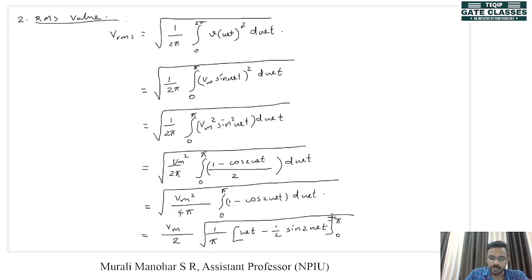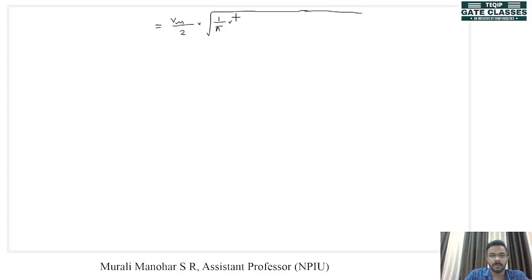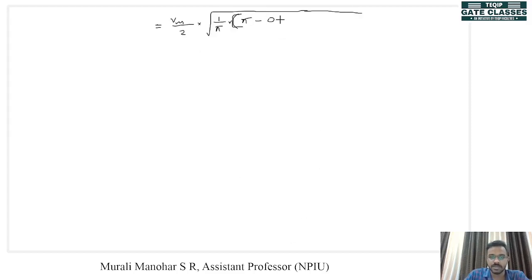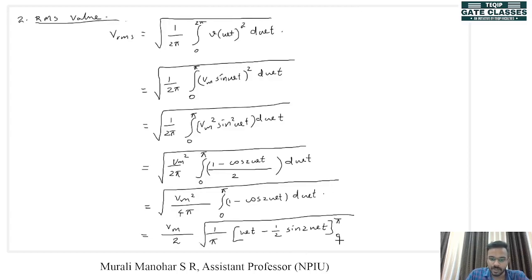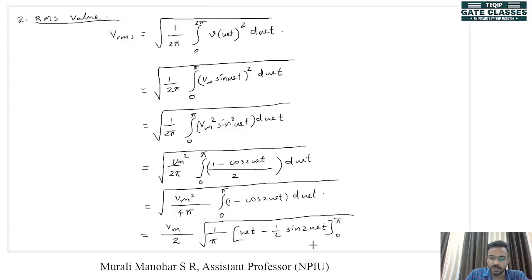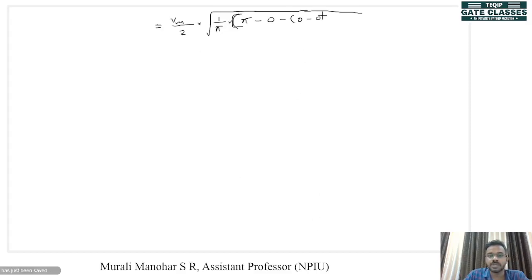When omega t equals pi, this omega t becomes pi, minus, when omega t equals pi, sin 2 omega t is sin 2 pi, which is 0, minus 0 minus of, when omega t equals 0, this becomes 0, minus, when omega t equals 0, sin 2 omega t becomes sin 0, that is also 0.